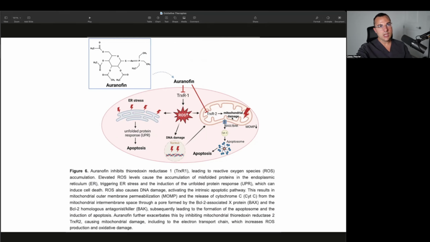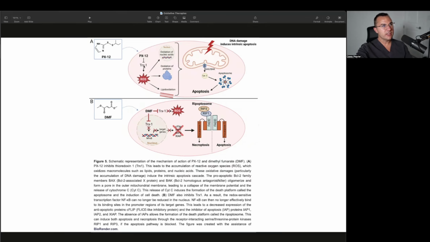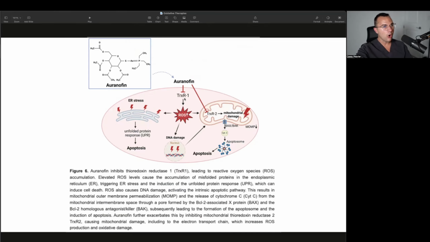Inhibiting it leads to an increase in mitochondrial damage, the ejection of cytochrome C, which then allows the apoptosome to be formed through the caspase system and apoptosis through that pathway as well. So in the past mechanism, we were looking at the TRX1 protein, and here we're looking at the TRXR protein.